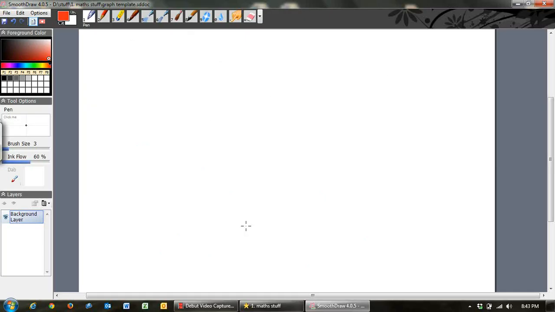Okay, let's go straight into an example, because this is the best way. Firstly, we're going to look at what happens if you know the gradient and y-intercept. That's what this section is called.